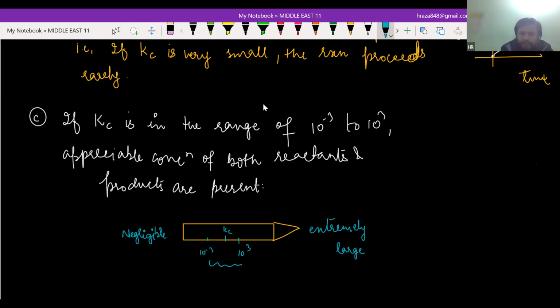From this to this, both the reactants and products are present at equilibrium.